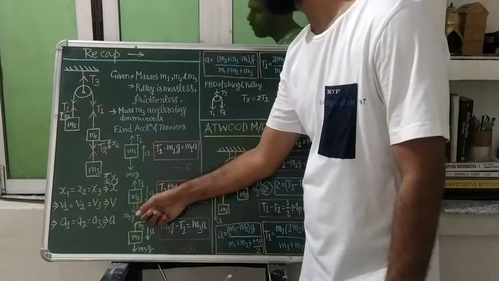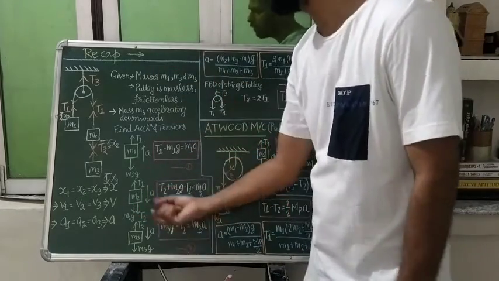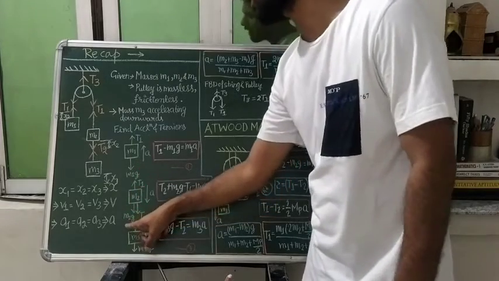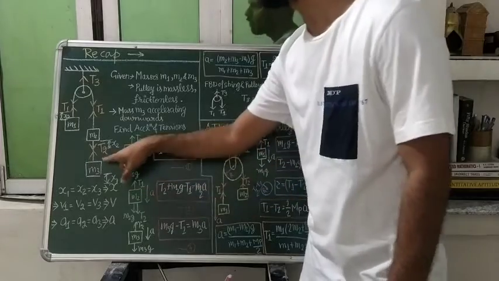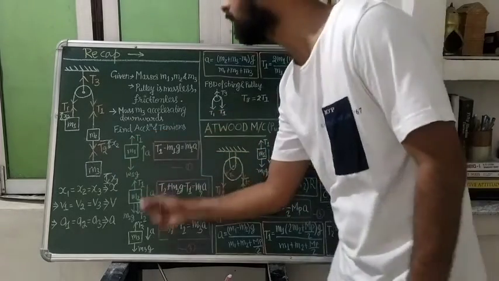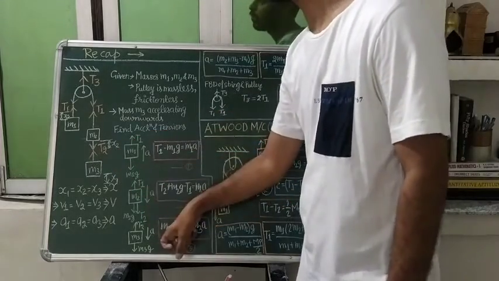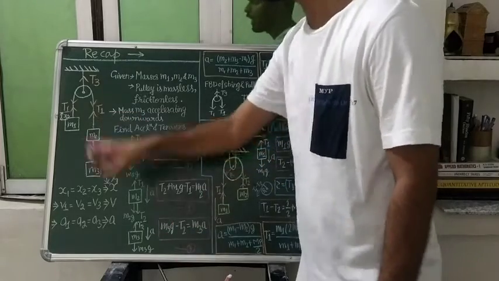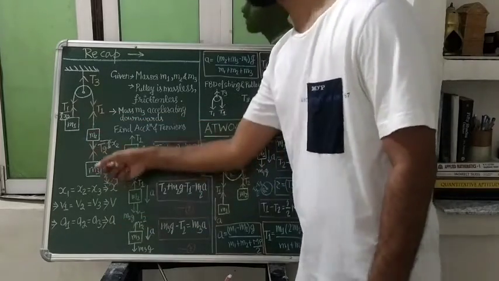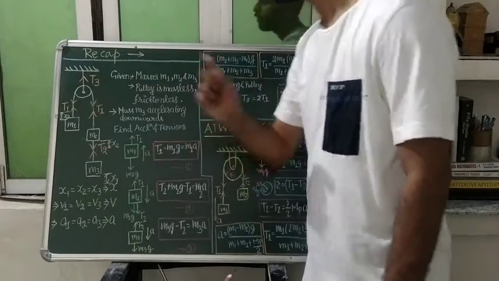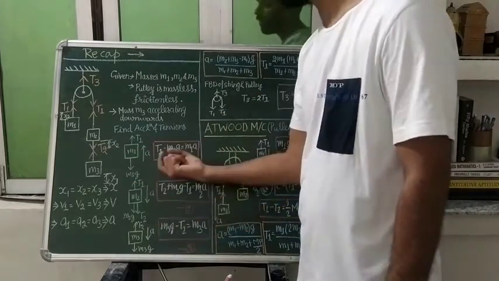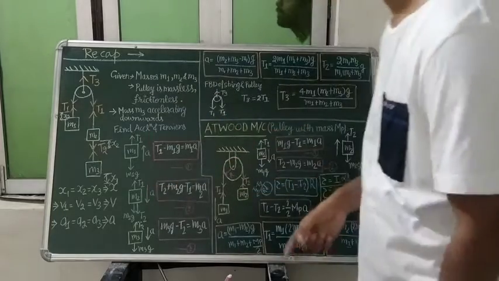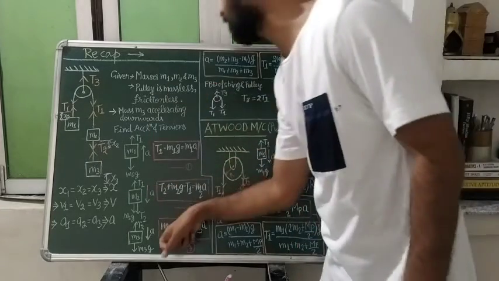In the same way for mass M2, it was accelerating downward. The force due to gravity was acting downward, and tension T2 will act in the downward direction since from the other end of M2 one more string is attached. T1 will act upward, and it is accelerating downward.